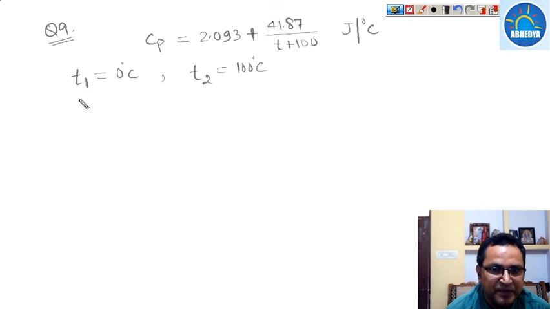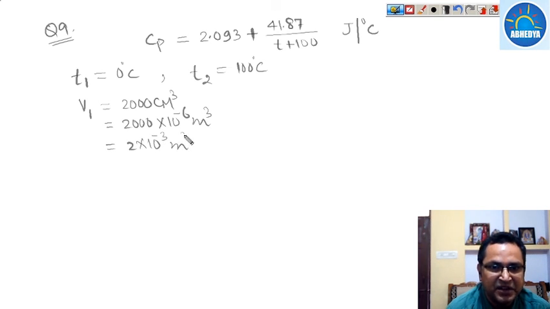The initial volume is 2000 centimeter cube, which becomes 2000 into 10 raised to the power minus 6 meter cube, or 2 into 10 raised to the power minus 3 meter cube.